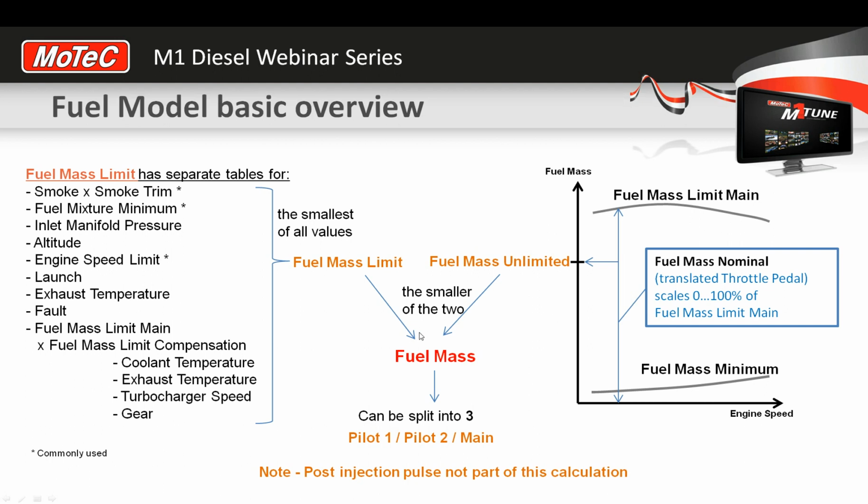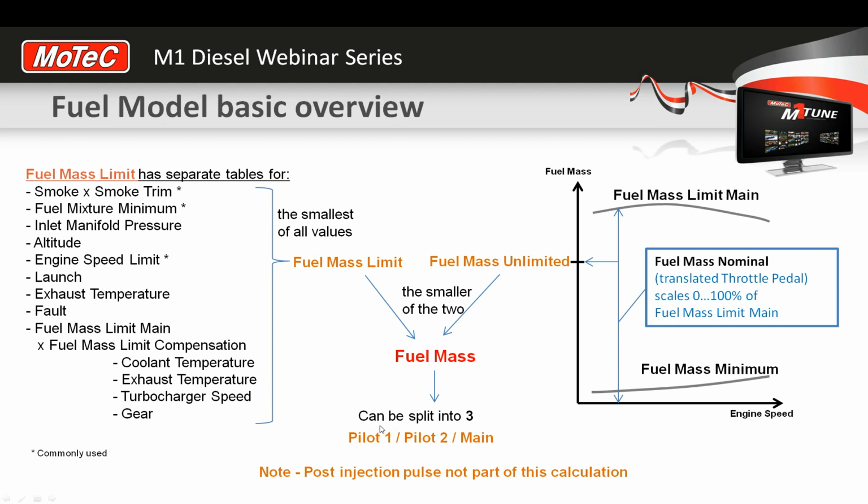So if this number becomes 68 milligrams, then you should be able to either have 68 milligrams in the main, or if we decide to divide it by 20%, you want 20% in pilot 1, then it will automatically part off 20% of the 68 and allow you to run the pilot and still deliver exactly the right amount of fuel so that it's still 68 milligrams.